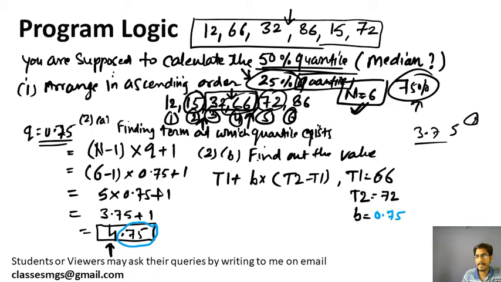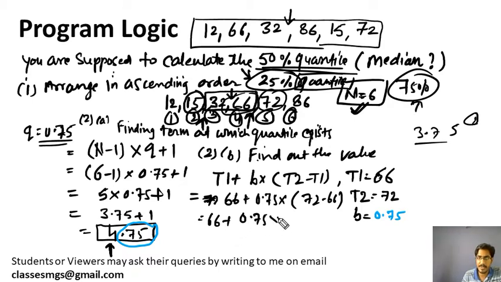Now you can easily put it in the formula. T1 is 66, plus B is 0.75 into T2, which is 72, minus 66. Calculate this: 66 plus 0.75 into (72 minus 66). What will be the value? It will be around 6.